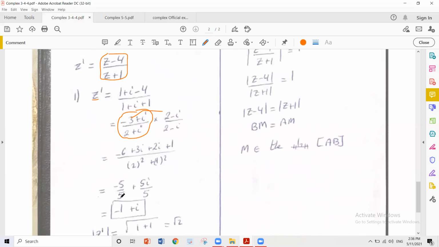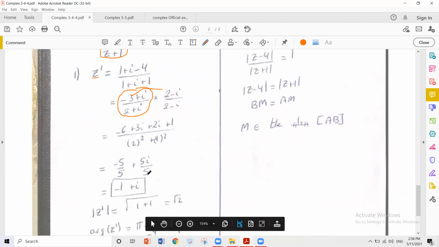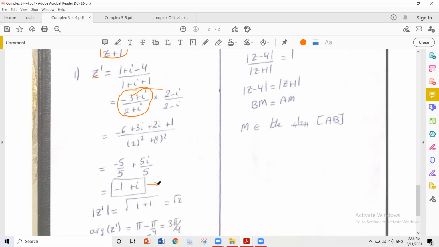Equal minus 6 plus 1 is minus 5 over 5, plus 5 over 5 I, equal minus 1 plus I. This is the algebraic form. There should be no I left in the denominator.